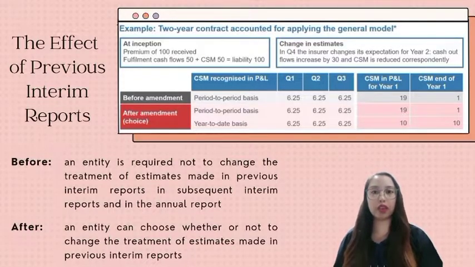So ngayon po, tingnan naman po natin kung ano po yung mangyayari kapag in-apply na po yung amendment. And si entity po ay pinili po niya na baguhin yung kanilang estimates. So ito po yung year-to-date basis. Dito po yung fourth quarter, i-adjust po ni entity yung overall contractual service margin na 50 by 30.